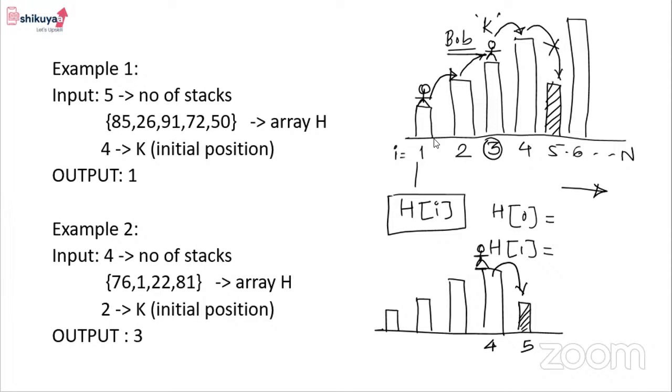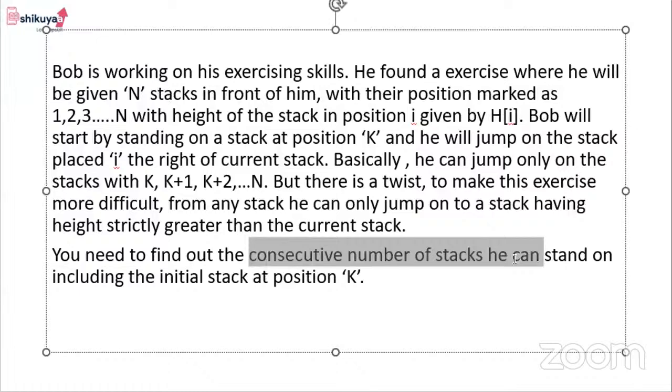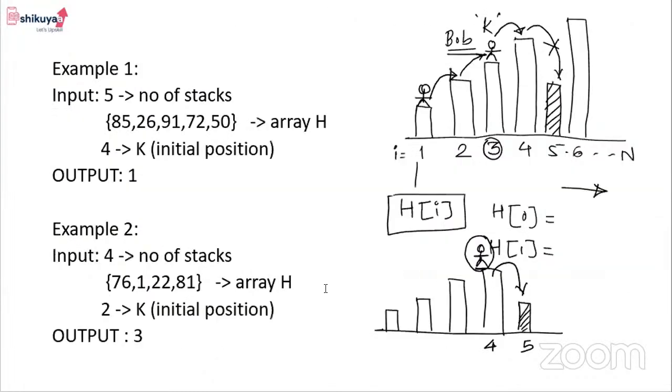Therefore, Bob cannot jump from stack number 4 to 5. What is the current position of Bob? The starting position of Bob is 4. Therefore, how many stacks can Bob jump, including the current stack? This is the scenario. Find out the consecutive number of stacks he can stand on, including the initial stack at position K. So if the starting position of Bob is number 4, then he cannot jump to number 5.